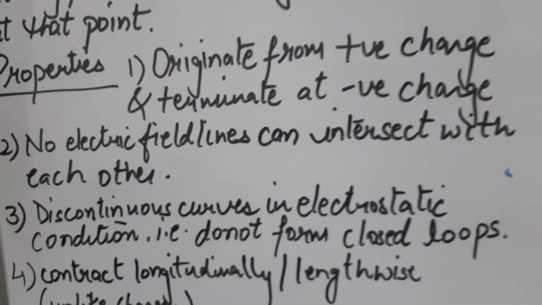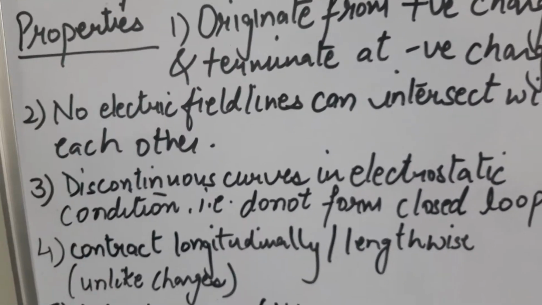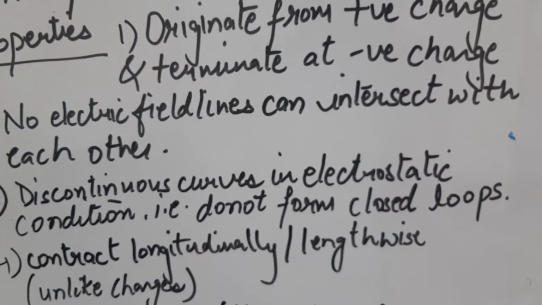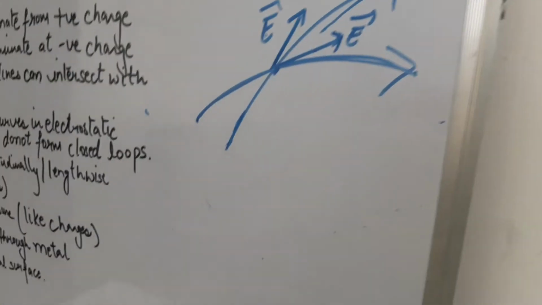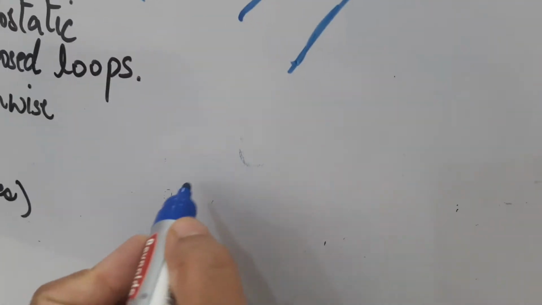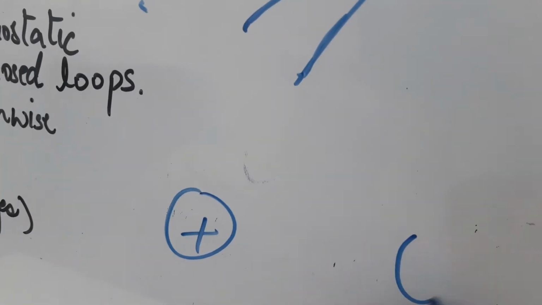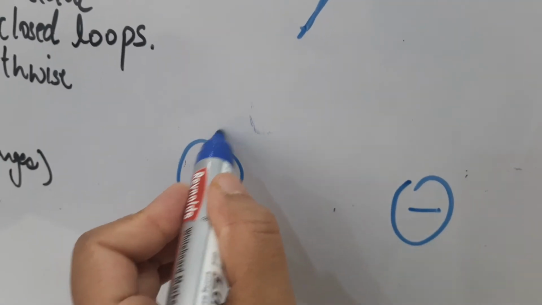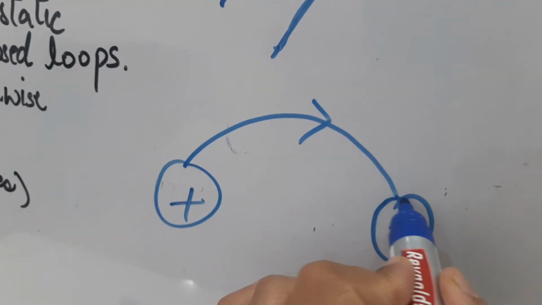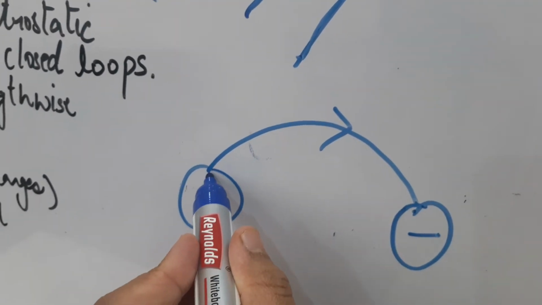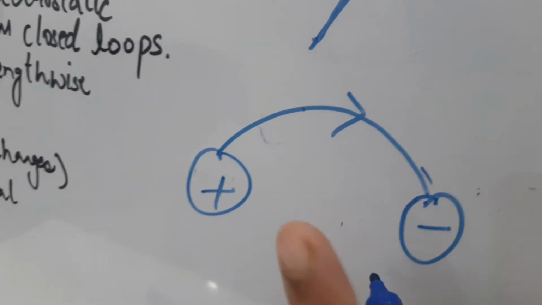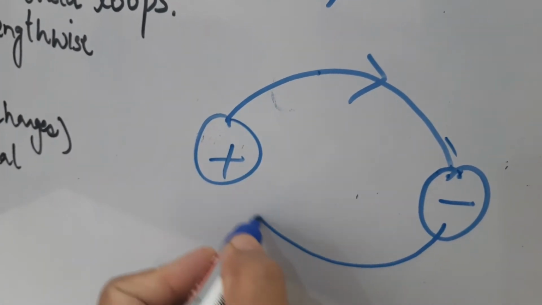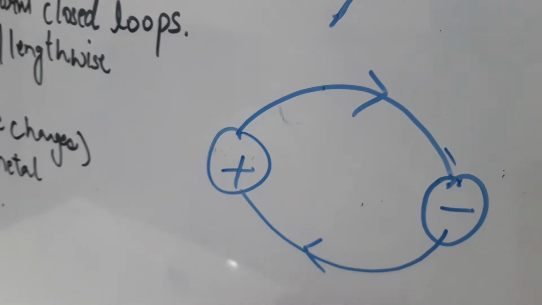The third property is that in electrostatic conditions, these are discontinuous curves, that is, they do not form closed loops. Suppose the electric field line is moving from positive towards negative. They originate from positive and terminate in negative. In any case, it will not happen that a line goes from the negative charge and terminates at the positive charge.